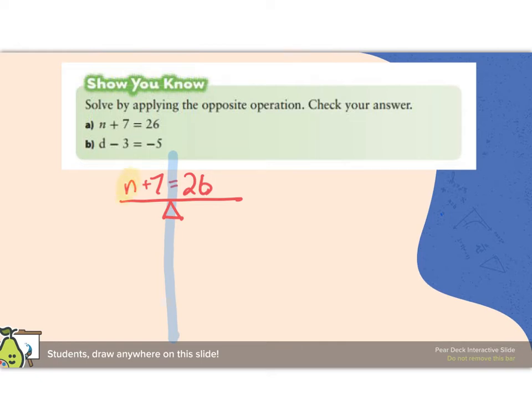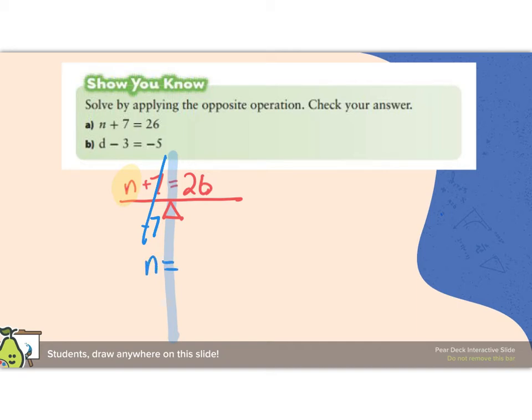What we need to do is get the letter by itself. So if I just highlight the letter, I need the letter to be by itself. Right now on this side of the equation, there's a plus 7. To get rid of that plus 7, I have to do the opposite operation. The opposite of plus 7 is minus 7. So plus 7 minus 7, that's a 0. So that gets rid of it. Now the only thing I have left on this side is n.